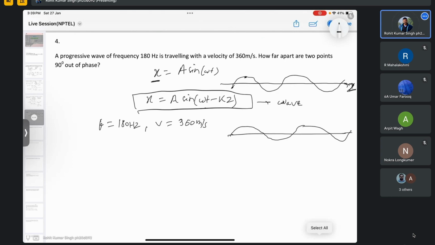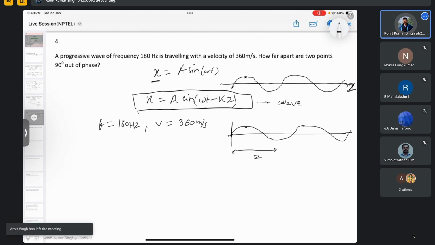So what the question is saying is, there are 2 points on the wave, and we have to find the distance between the two points, the z distance, which are 90-degree out of phase. Okay, so let's suppose first point is here.